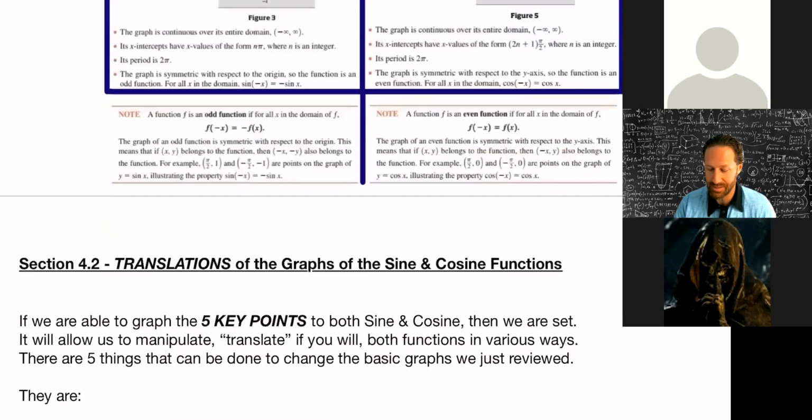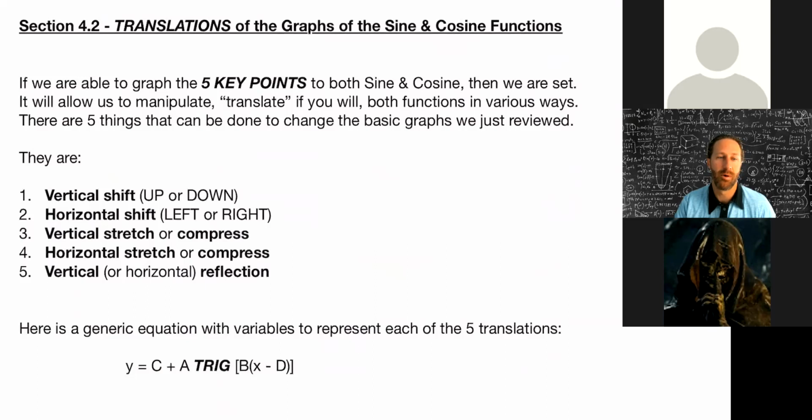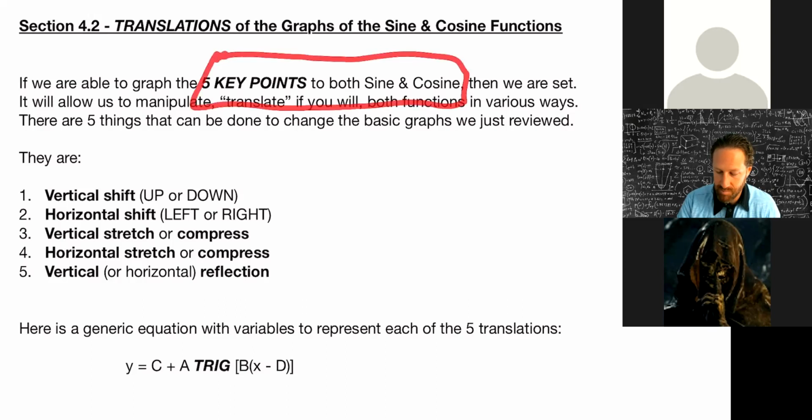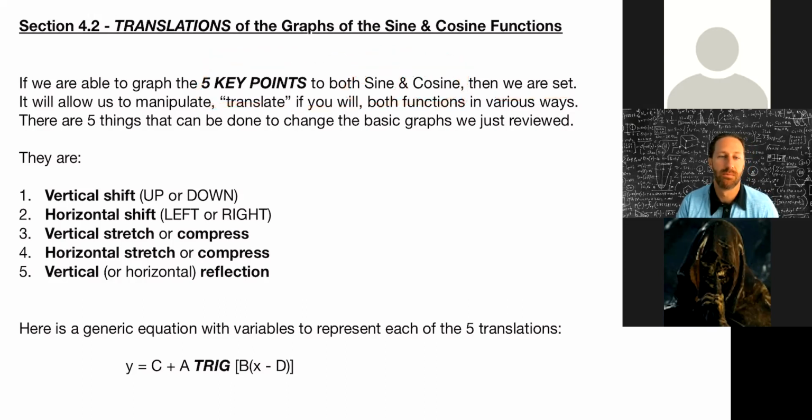All we're going to do in this second section is move them around. So we're going to take what they call translations of sine and cosine. And we're going to start by graphing those 5 key points again. And again, I know it's quadrants 4, but the 5th one comes from closing that full circle. All right, and if you can graph those 5 key points for both sine and cosine, then you're good.